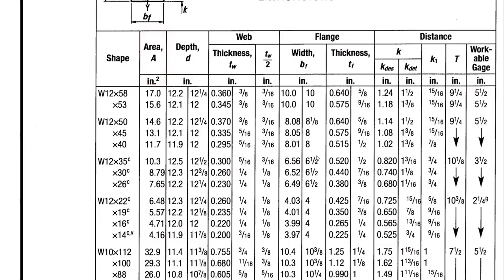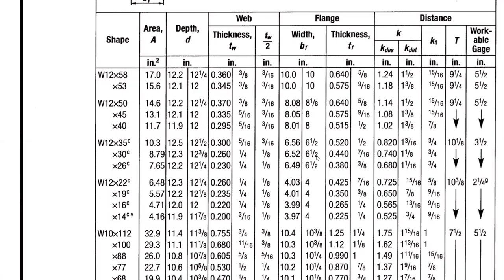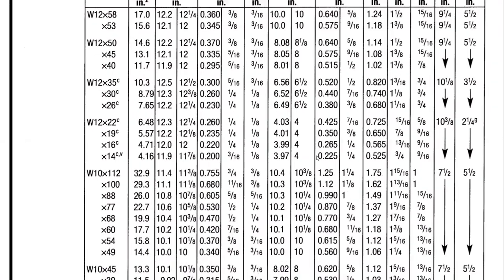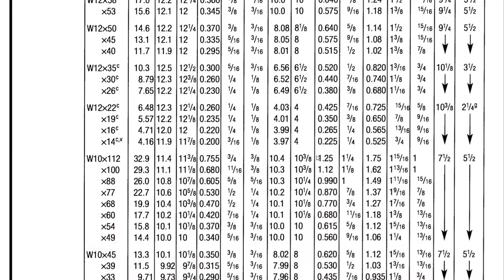So, kapag dito, halimbawa, W12 yung nakalagay, yung nasa ilalim niya na walang nakalagay na word, it means W12 din yung section natin. Okay? So, ang ano natin is W10 by 49. So, W10 by 49 is this one. Yan yung need natin na details.